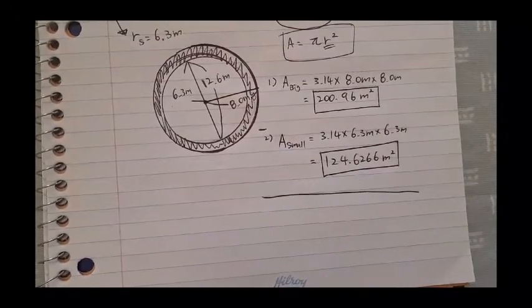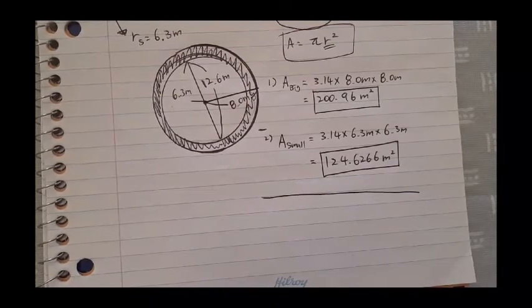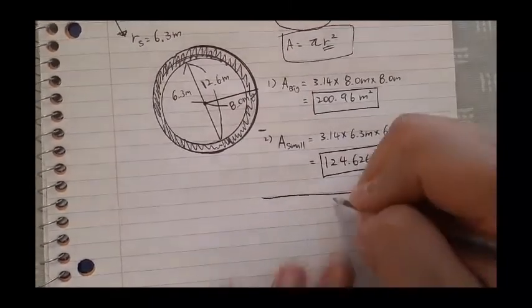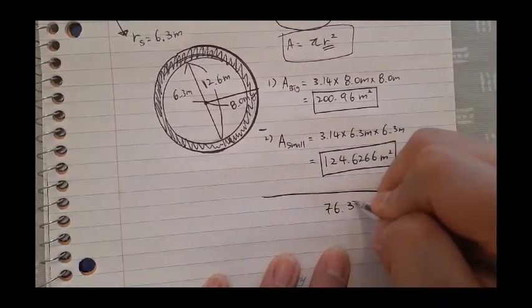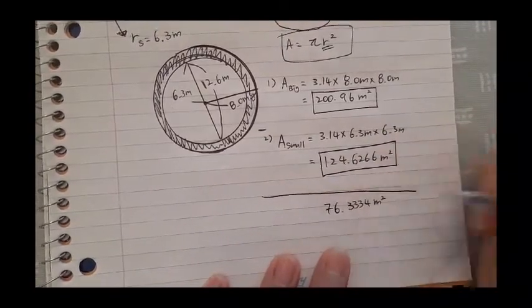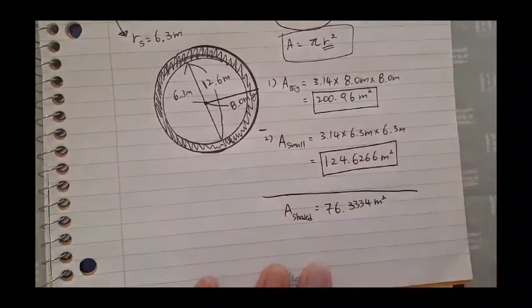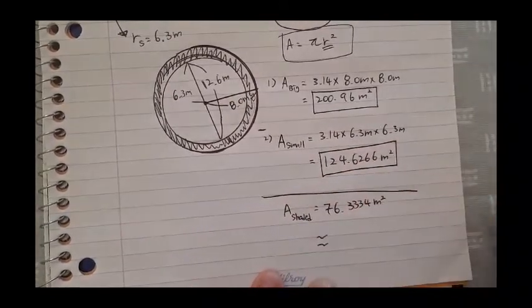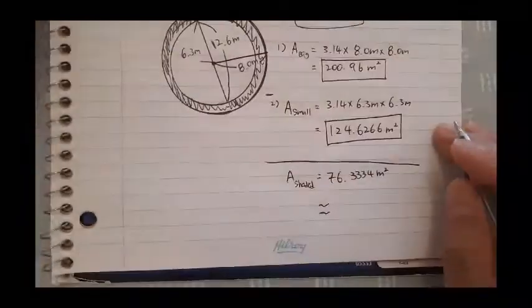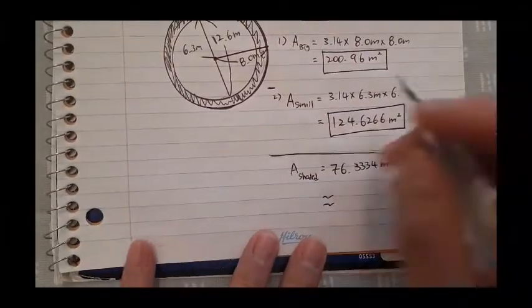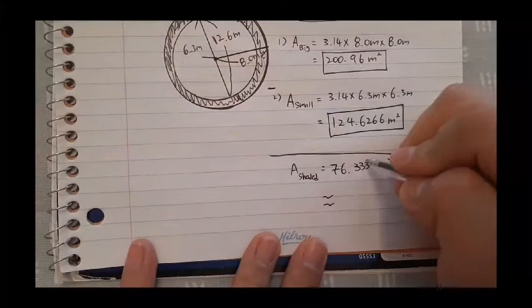200.96 minus 124.6266 should be equal to 76.3334 meters squared. That is my shaded area, and we have to round it. Although I didn't say in the question, let's round it to 2 decimal places.